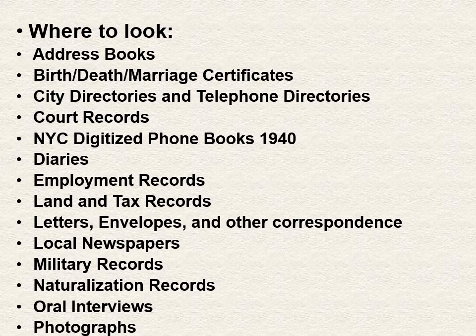So I'm going to show you, and it's going to be about 10 seconds, a number of places where to look to find a location. And this is not only true in 1940, but for the 1950 census that's coming up in 2022, you'll be faced with the same situation. 10 seconds.